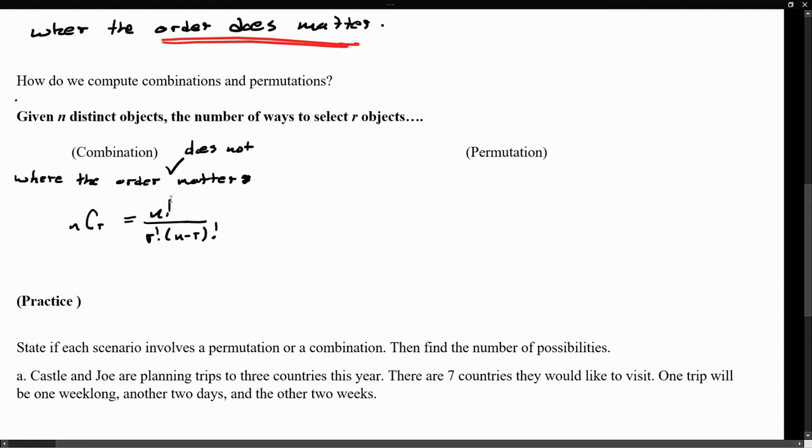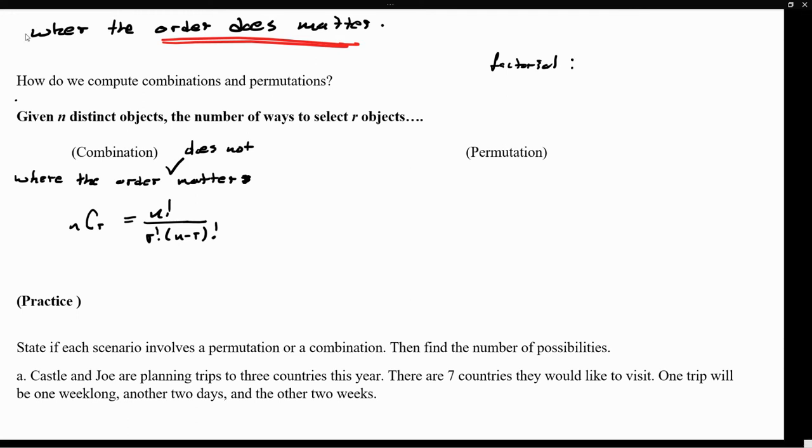And remember what factorial means. Factorial is just a small notation that we use to indicate multiplication. So let's assume 4 factorial, that equals 4 times 3 times 2 times 1. 7 factorial is 7 times 6 times 5 times 4 times 3 times 2 times 1.